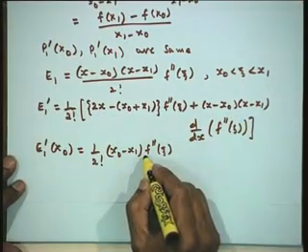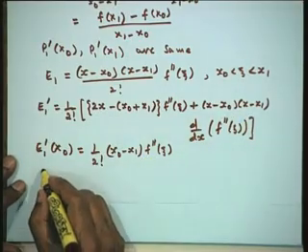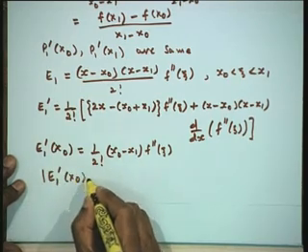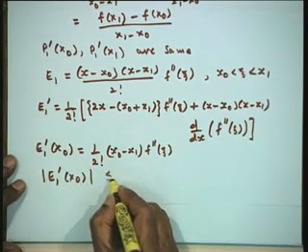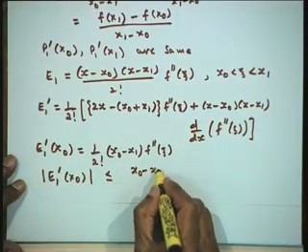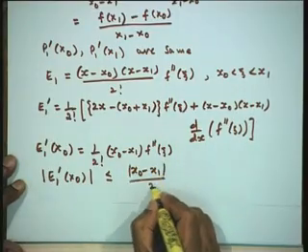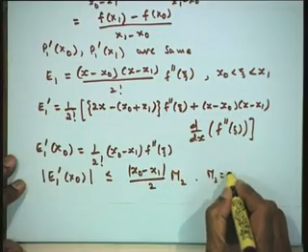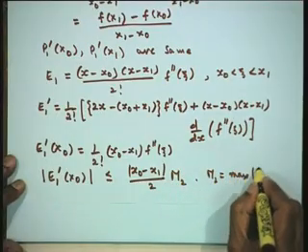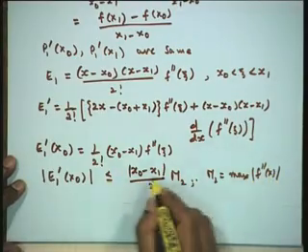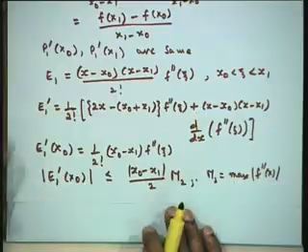So, I can write the bound for this: the magnitude of E 1 dash at x naught is less than or equal to the magnitude of x naught minus x 1 divided by 2, times m 2, where m 2 is our usual notation, that is the maximum of f double dash of x in the interval x naught to x 1.